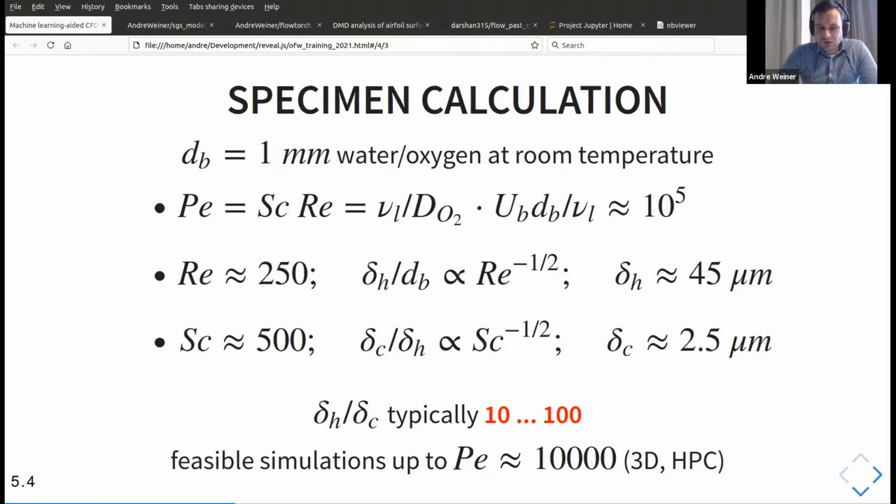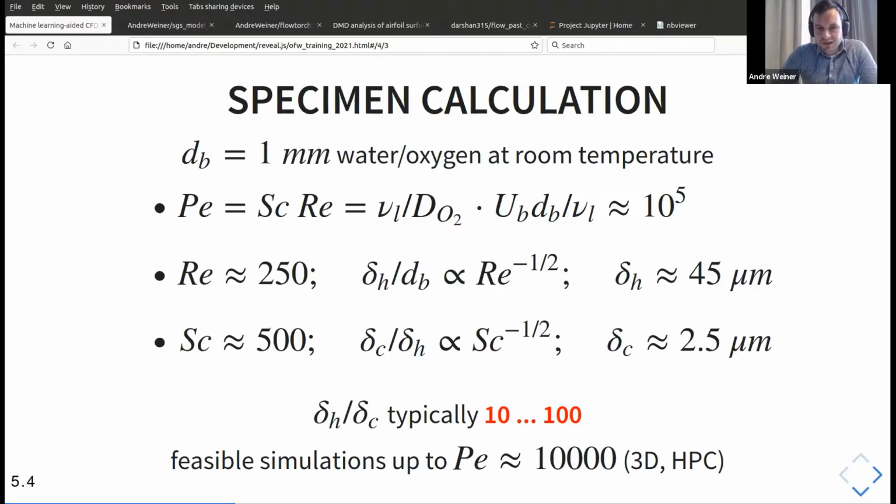What we can do on HPCs with all the modern numerical techniques available, such as adaptive mesh refinement, is something like a Péclet number of 10,000 if we directly resolve the boundary layer.